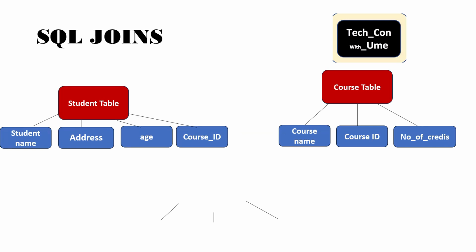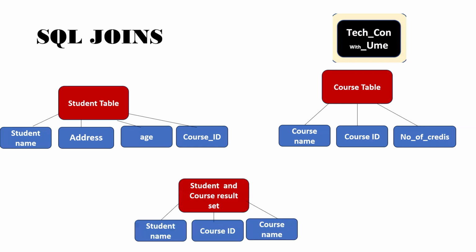All right. Now, SQL allows us to do this based on the key values that we have in each of our tables. So if we wanted a new result set where we have student name and course ID, which obviously come from the student table, and then course name, which comes from the course table, we will have to perform a join query.